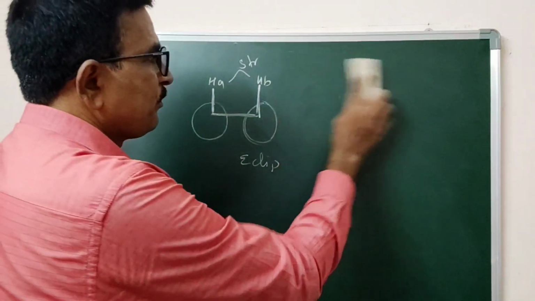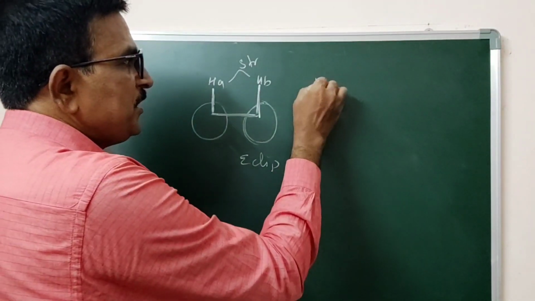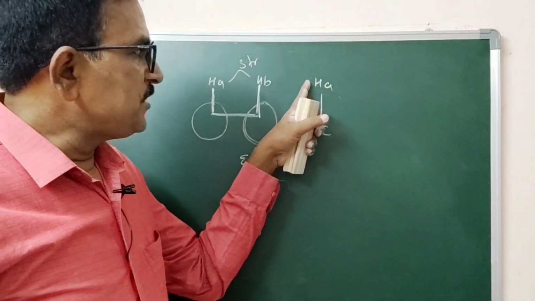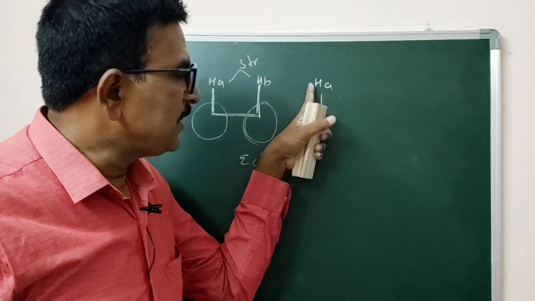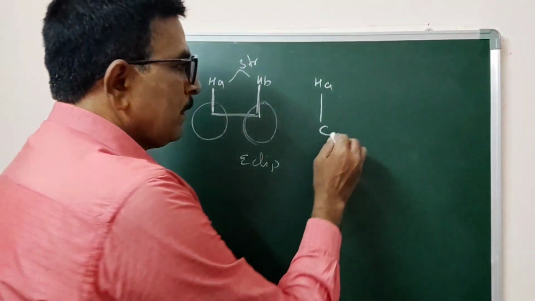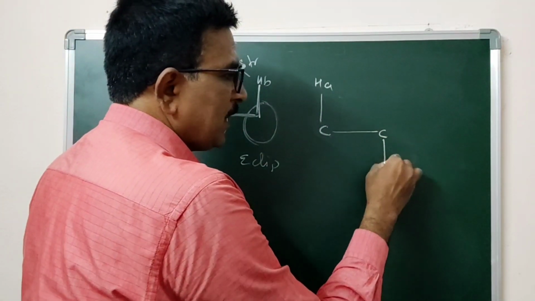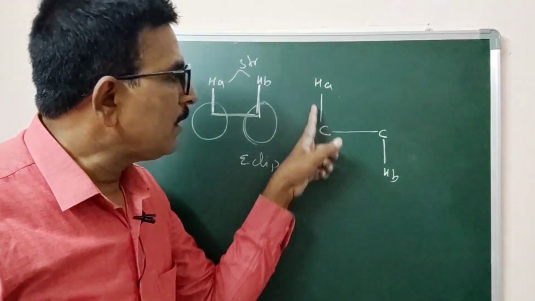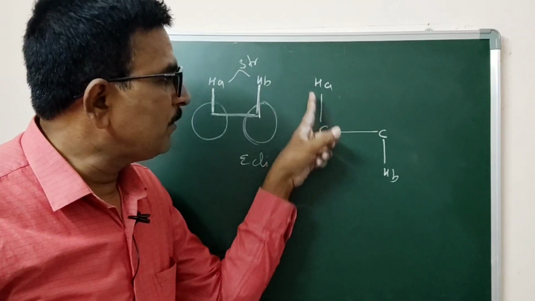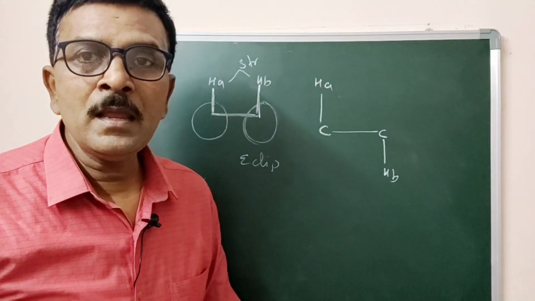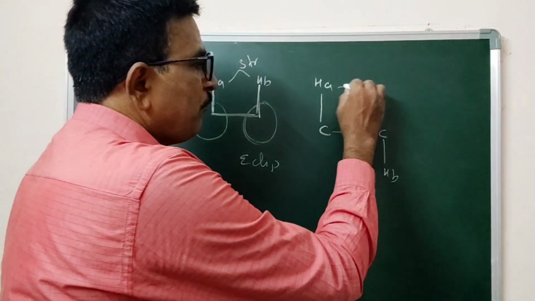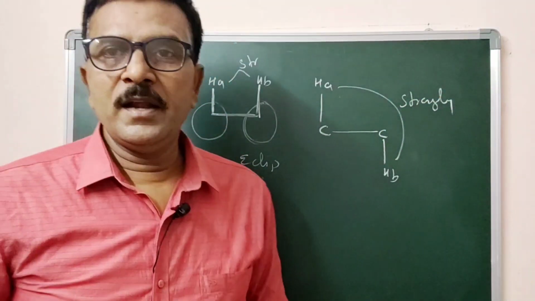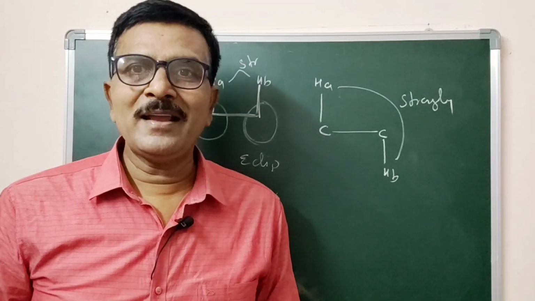Similarly, if the conformation is staggered, the bonding electrons between the coupled protons A and B are again in plane, therefore strongly coupled, and hence the 3J values are maximum.